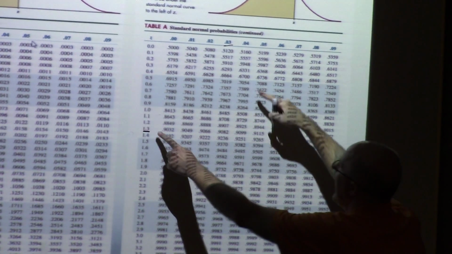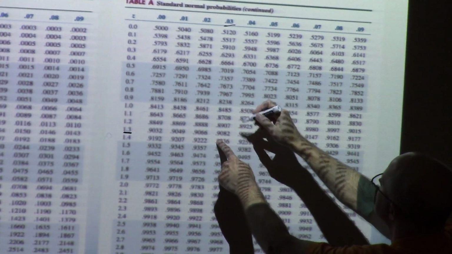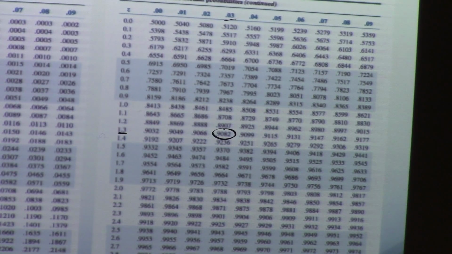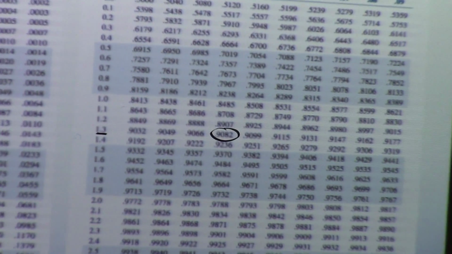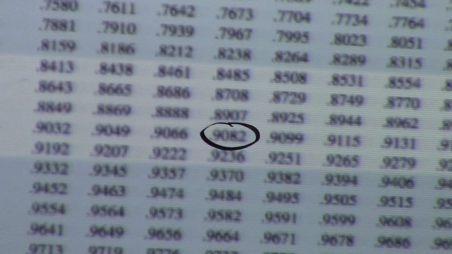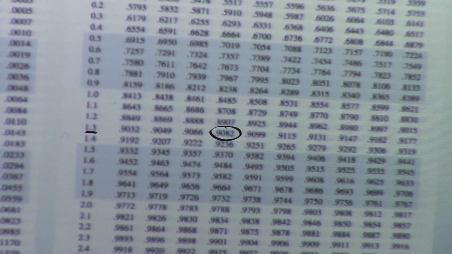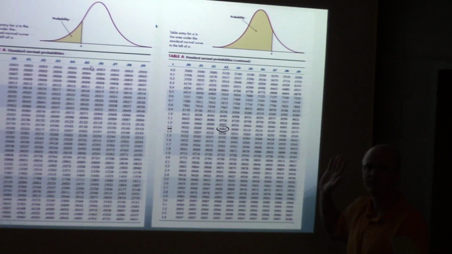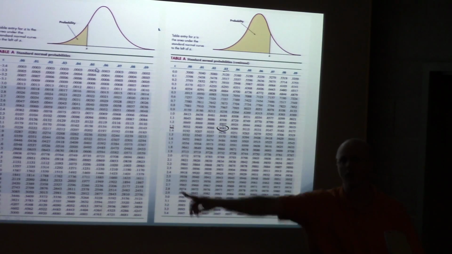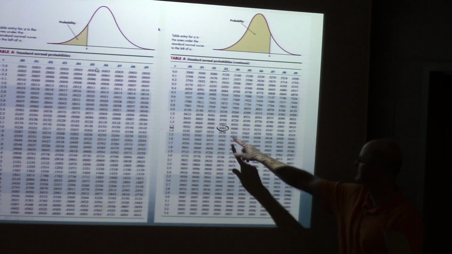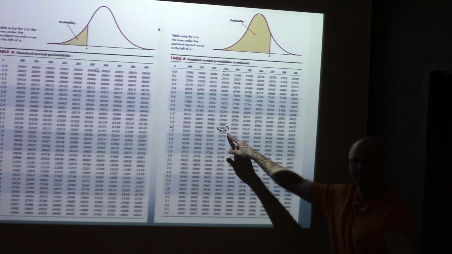This row and this column meet right there. 0.9082 is what you should see. What does that tell you? That tells you the area under the standard normal curve to the left. To the left of 1.33, all the way forever, to minus infinity, is approximately 0.9082.